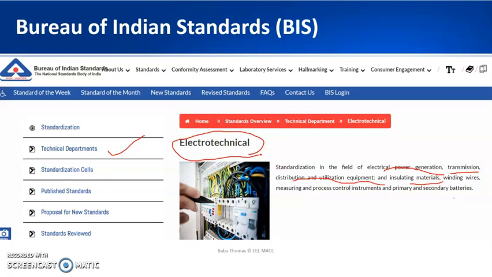So the technical department behind all the electrical standards is the Electrotechnical Department. There are various other technical departments, related to civil, construction and so on.